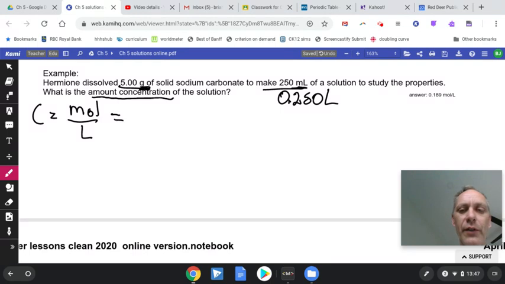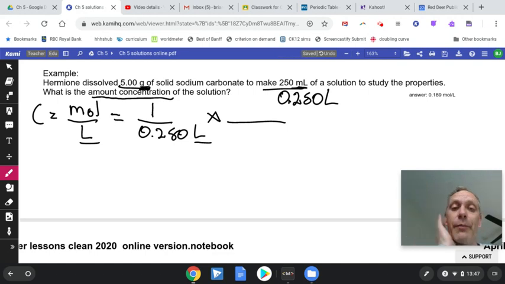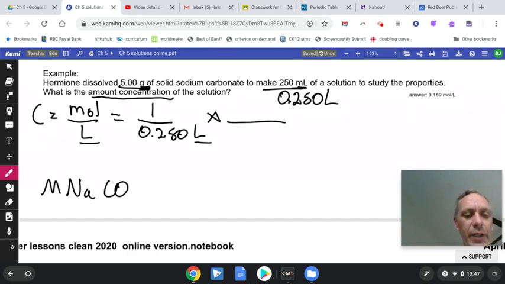So let's start with that one. I'm putting liters where I want it. So there it is on the bottom. I need to get moles on top. And how do I get moles? I don't have it. All I have is mass. Right, molar mass of sodium carbonate. Sodium's a 1 plus, carbonate is a 2 minus, so that's 2 of those. Okay, 2 sodiums, 1 carbon, and 3 oxygen.